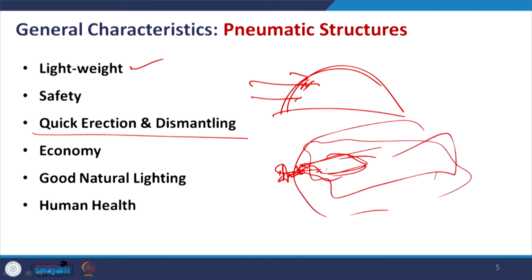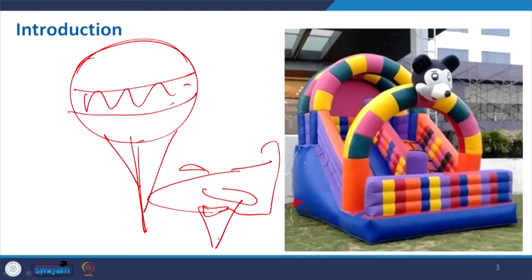So, it can be erected very quickly. Even that example I have given for this particular facility for the kids, there also it is to be done. So, we do not need to transport the exact structure from one fairground to the other; we can just remove the air, fold it, and easily transport.